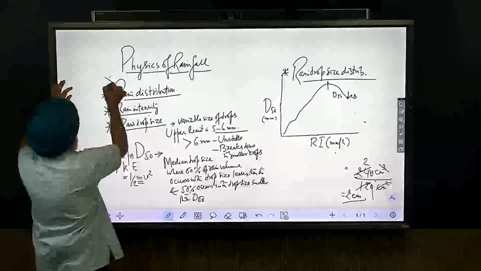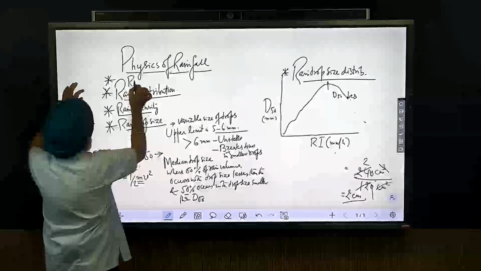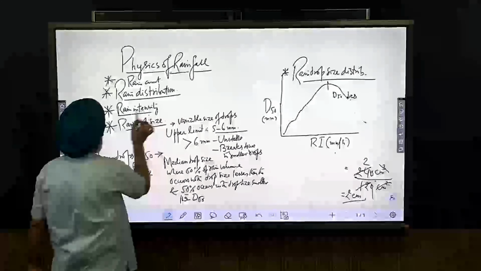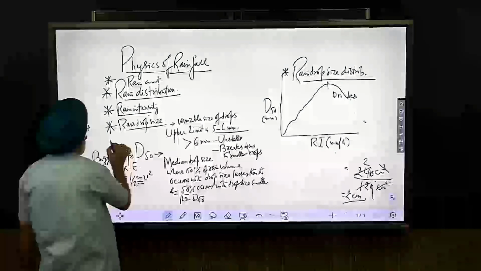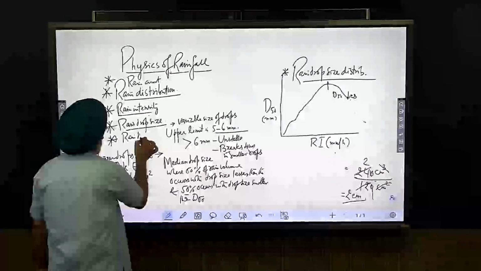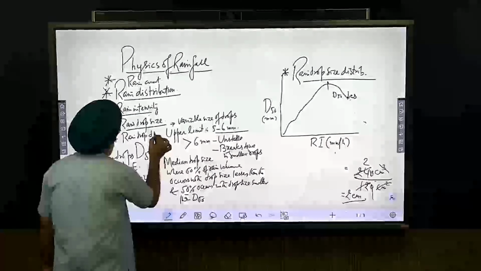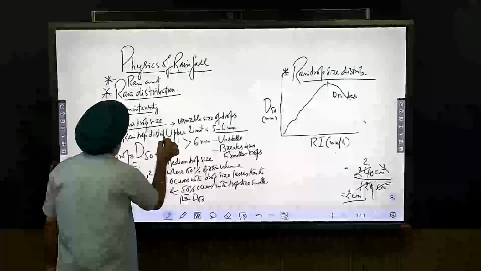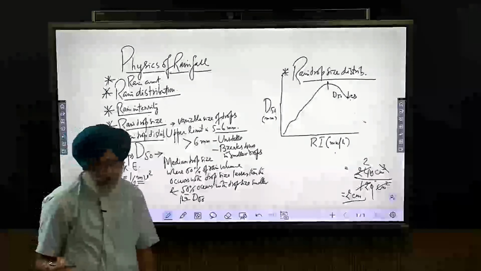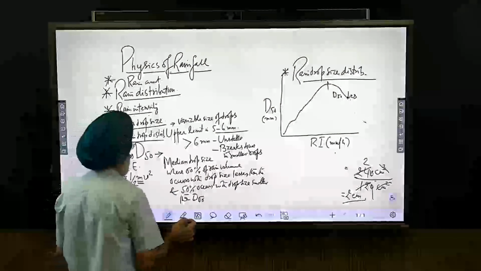The first parameter was rain quantity or rain amount, then rain distribution, rain intensity, raindrop size, and then raindrop distribution, the spectrum of drops, as I said, and ultimately the next parameter is terminal velocity.